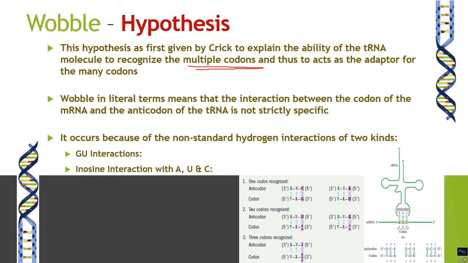So G will not only interact with C, as is complementary in the Watson-Crick model, but it will also interact with U and vice versa, as well as inosine. If inosine is present in the tRNA, it is able to base pair with adenine, uracil, and cytosine as well.